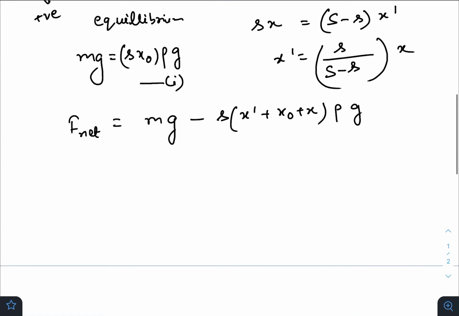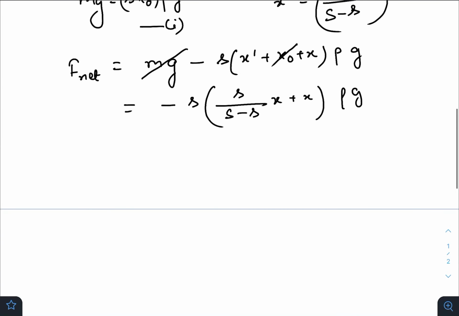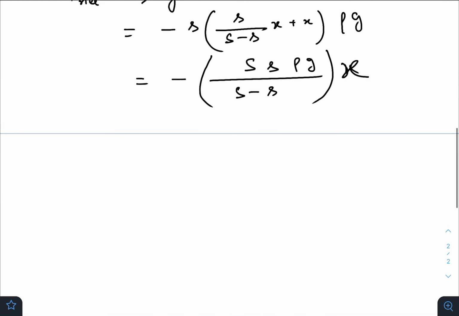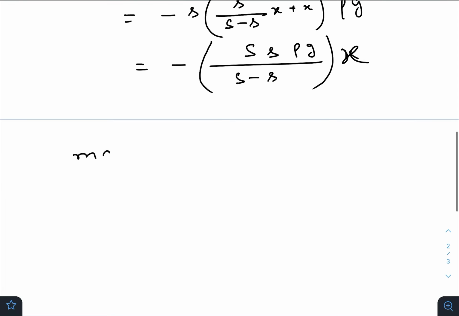Okay, so we can just cancel out this one. So we have x prime as above, plus x rho g, we get minus s times capital S over (capital S minus small s) times rho g times x. Okay, so we can write F net equals mass times acceleration.